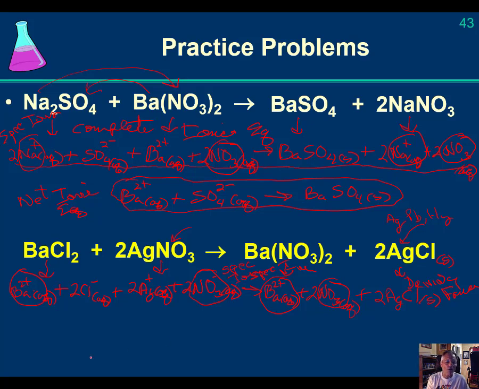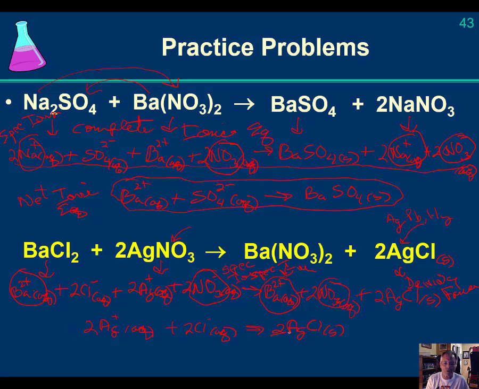So we're going to throw out the spectator ions. That's going to give us 2 silver plus 1 aqueous plus 2 chloride ions, aqueous, and that's going to give us 2 silver chlorides, solid. Now, while this is the net ionic equation, anytime you can reduce those coefficients to simpler numbers, you do.